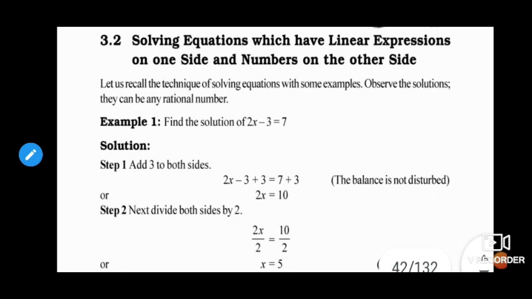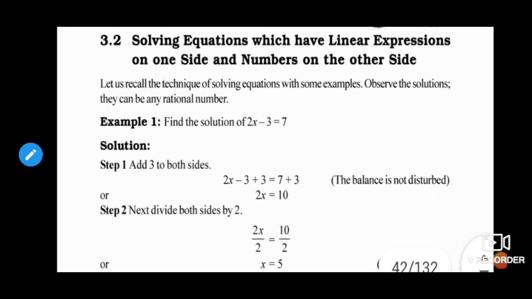How can we remove the minus 3? If we do plus 3, minus 3 and plus 3 will get cancelled, and the constant 3 will be removed. So I will write 2x minus 3 plus 3. If I place plus 3 only on the left hand side, it will not be balanced. So the same plus 3 I have to do on the right hand side also.